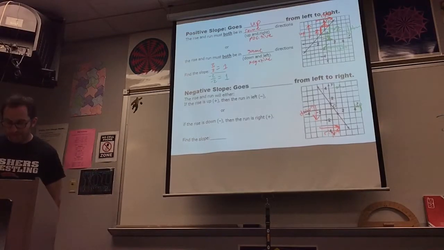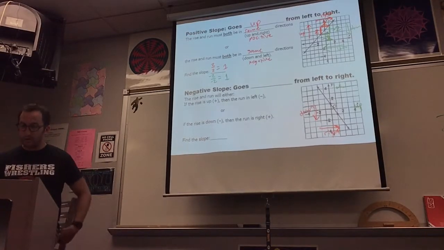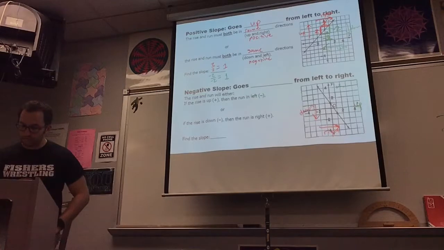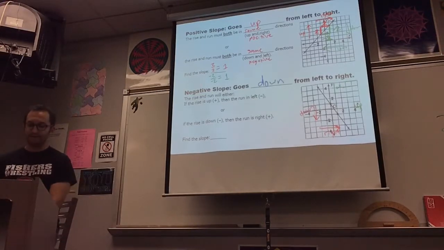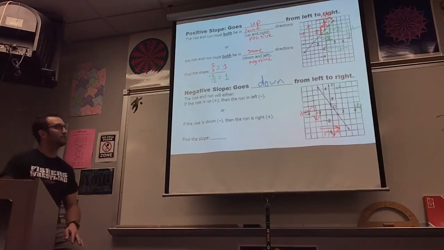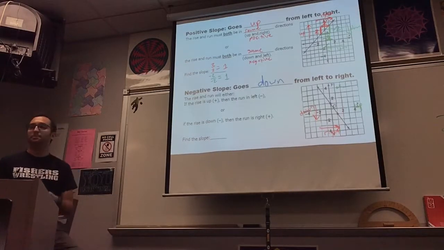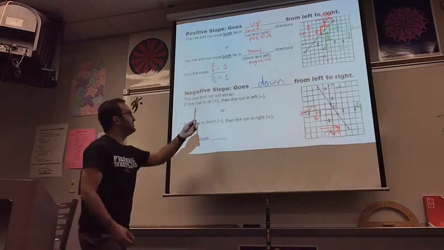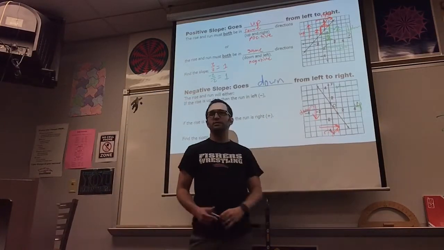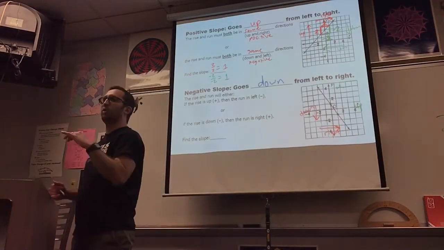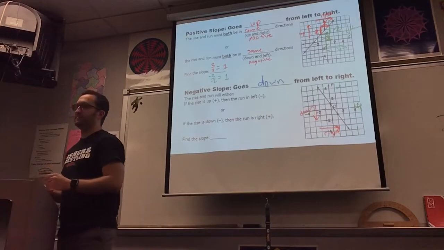Negative slope, on the other hand, goes down from left to right. Negative slope goes down. And you'll notice that either the rise or the run will be negative.